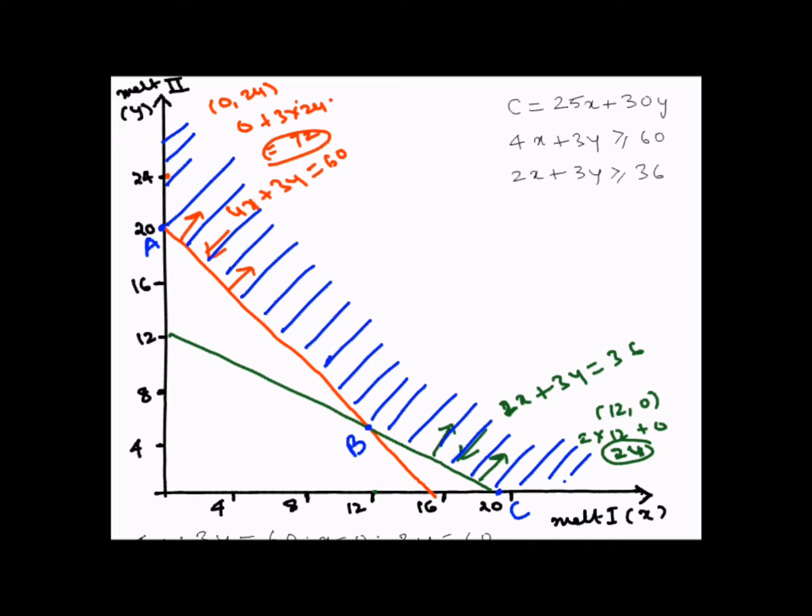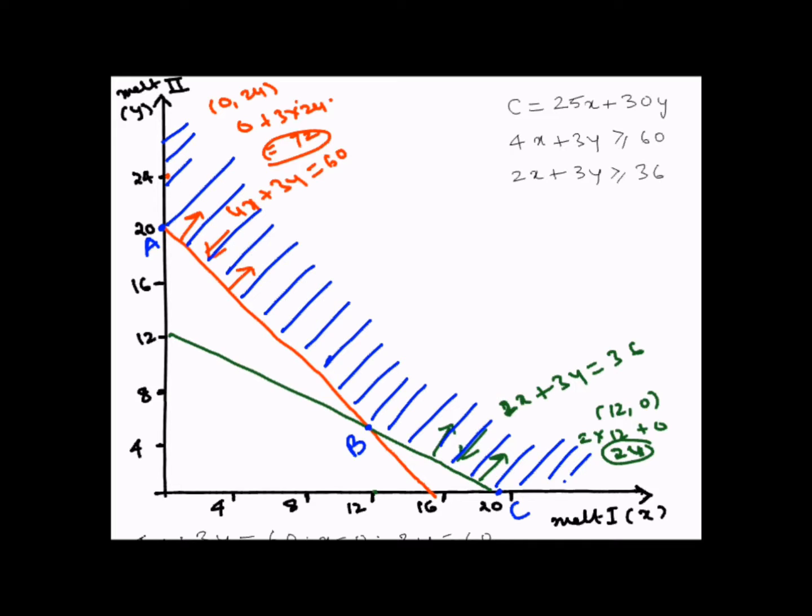We can convert this equation into the standard line equation, that is y is equal to mx plus c, and once we know m, that becomes the slope. So using that slope, we can draw a series of lines parallel to each other.